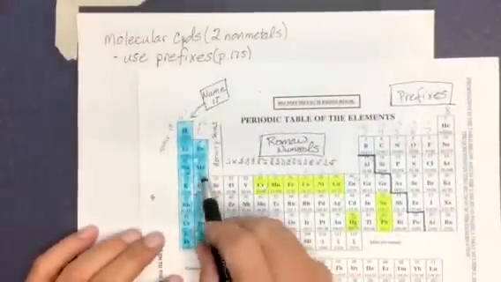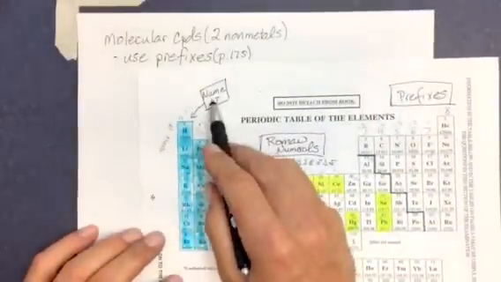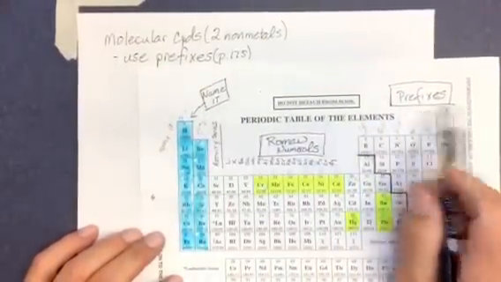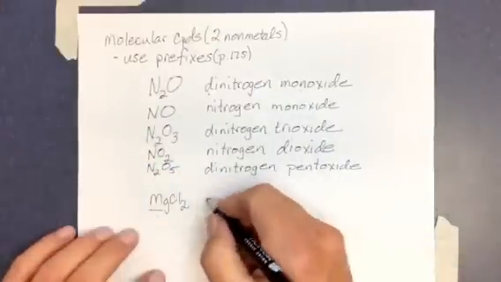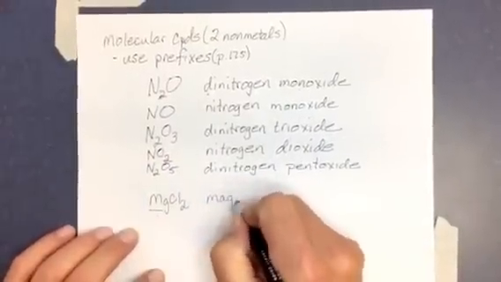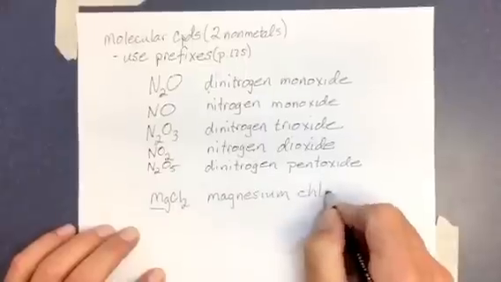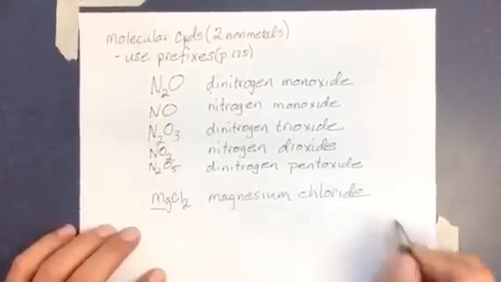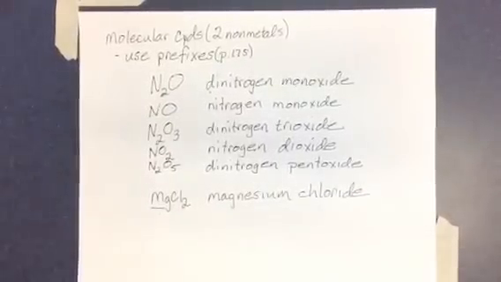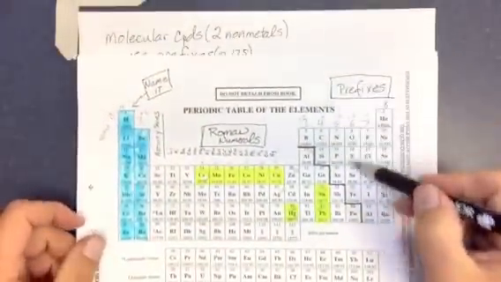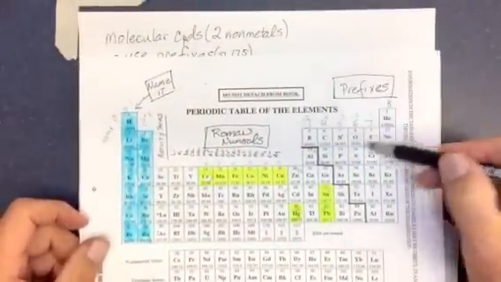Magnesium is number 12 right here, so we just name it. We do not use prefixes. So you would say magnesium chloride, not magnesium dichloride. Prefixes are only used when the first element is over here.